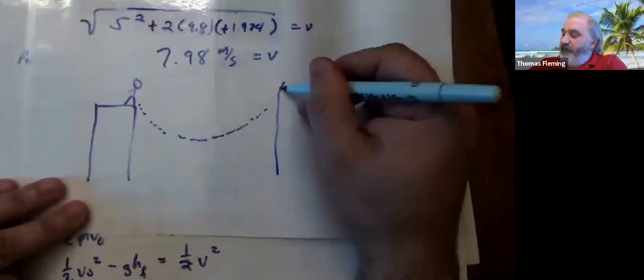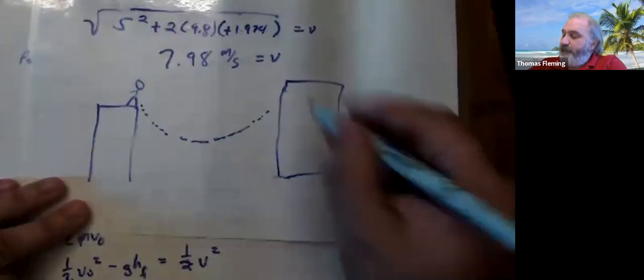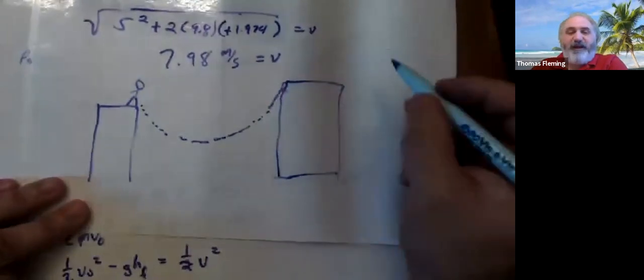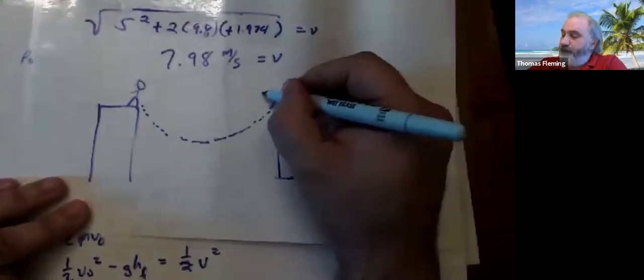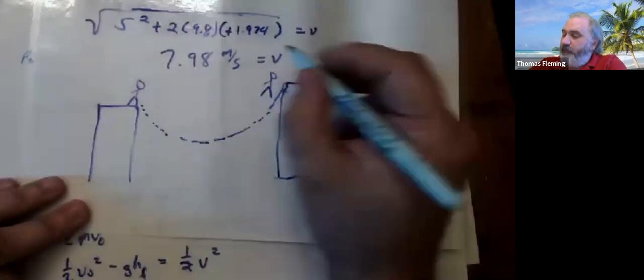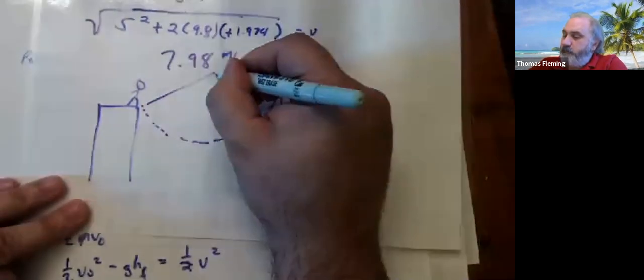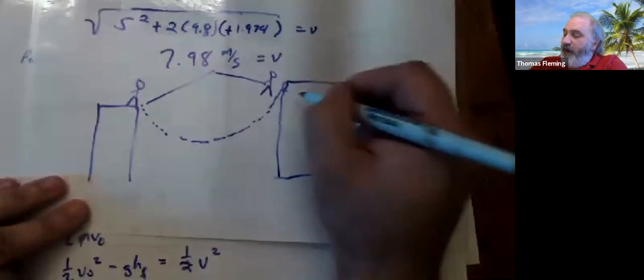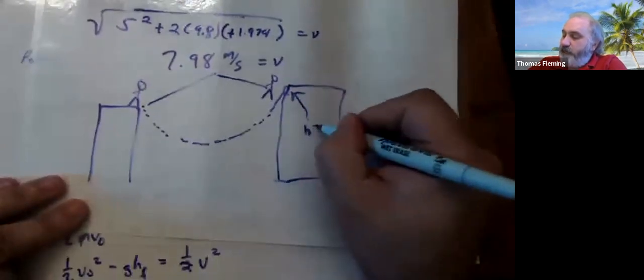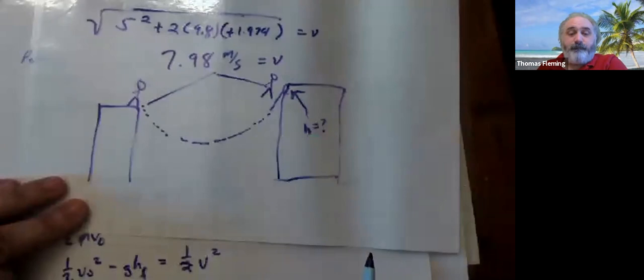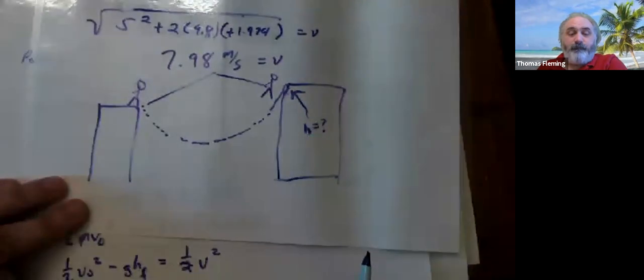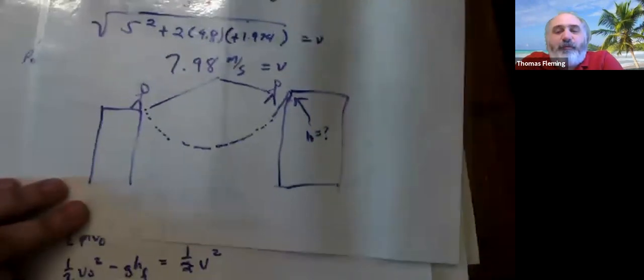So there's going to be some building on the other side, and he's going to run out of steam at some point. And so the question is, how high can this building be? Well, how can we solve this problem here?